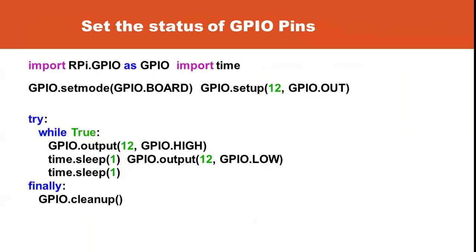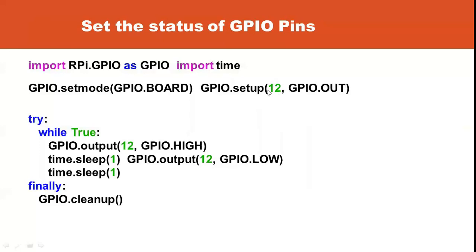So this is the example. We need to import the packages. So here two packages are imported, that is RPi.GPIO and time. Then here we are setting the pin number 12 as the output.